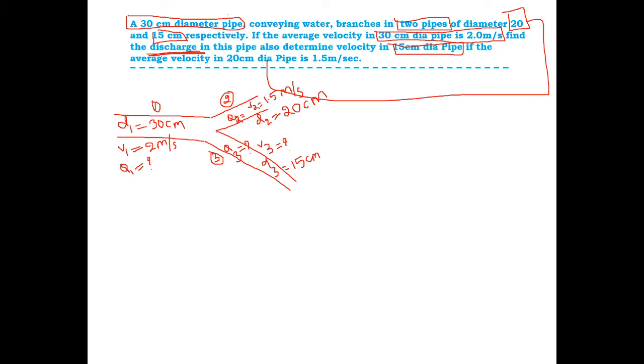Okay. So let us find diameter at point 1. Diameter at point 1 we know 30 centimeters. Then cross sectional area at point 1. Let A1 be the area at 1.